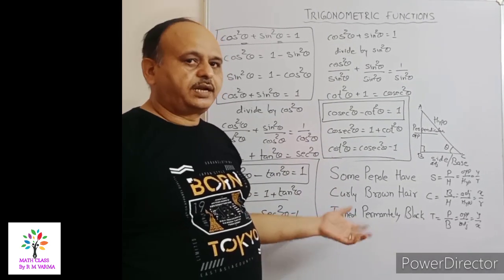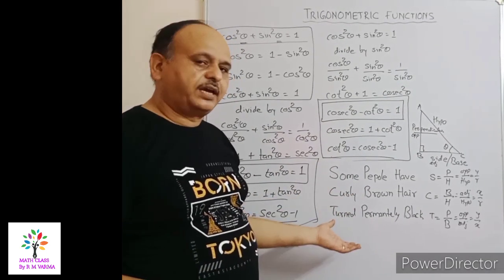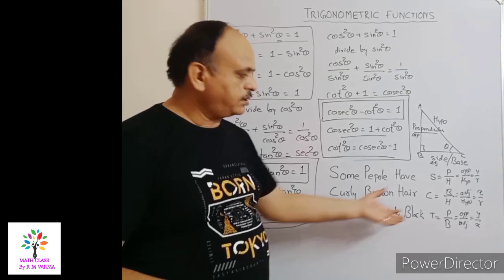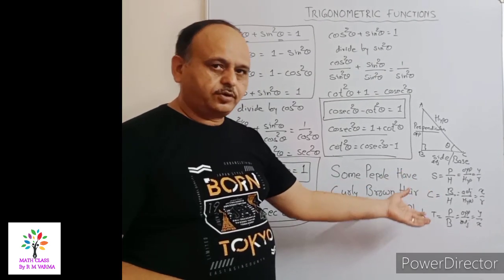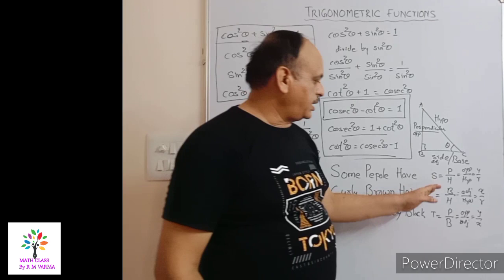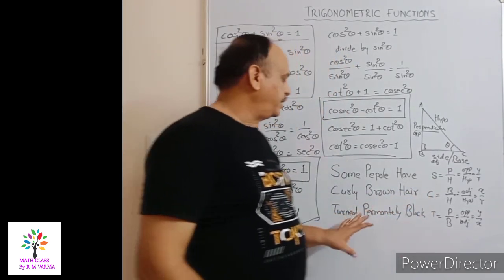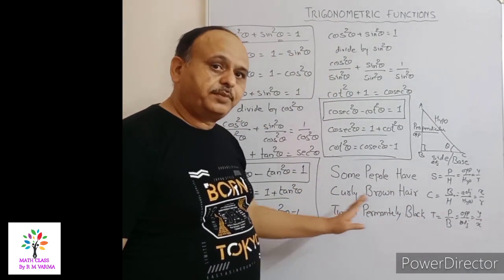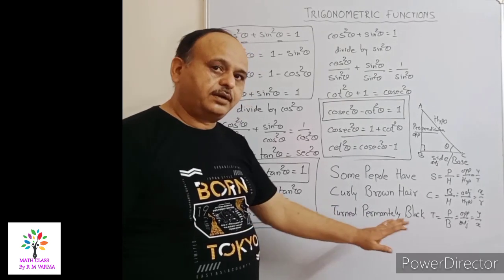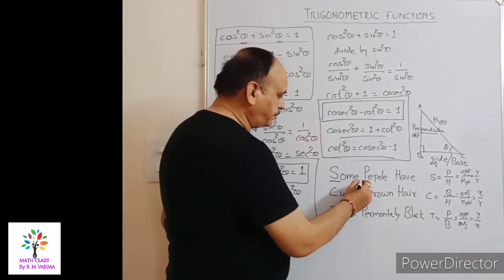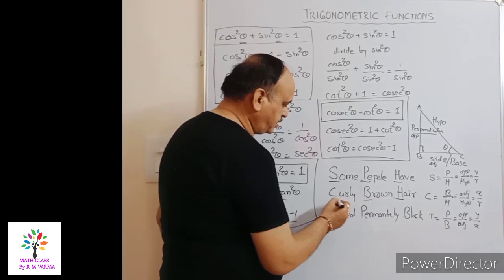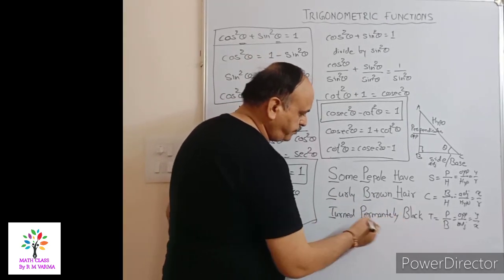This is one way. There are many other ways. So this is one of the ways I am explaining to you to remember the trigonometric ratios. So sine, cos and tan can be remembered in this way. Some people have curly brown hair turned permanently black. This is to be remembered. Right? This gives you the formula.